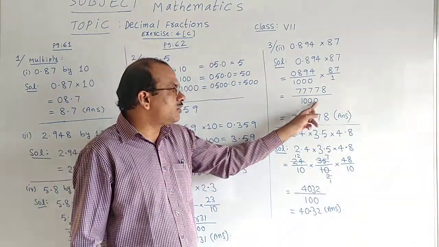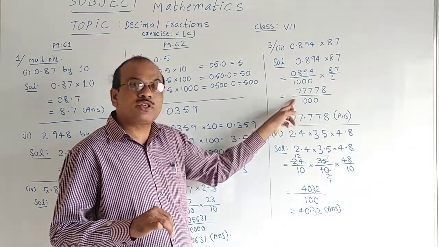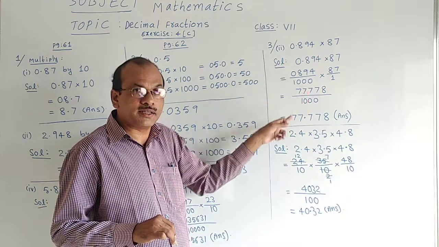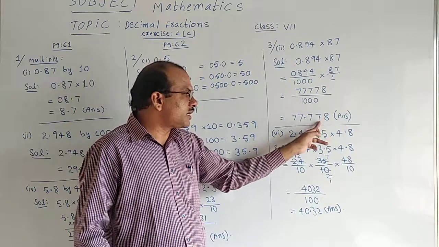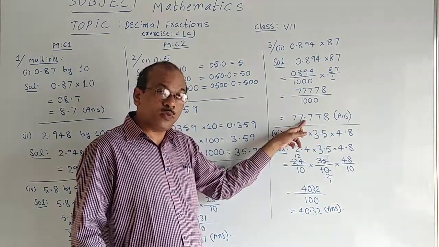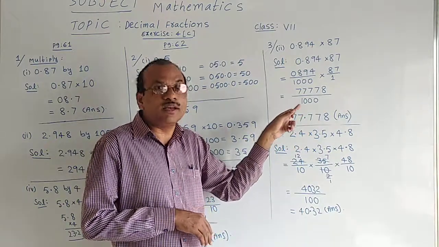Then here the denominator is a number with 3 zeros, starting with 1. So I have placed a point in the numerator in the next step after 3 digits. First digit, second digit, third digit. After 3 digits I have placed a point because the 3 zeros number 1000 is there in the denominator.